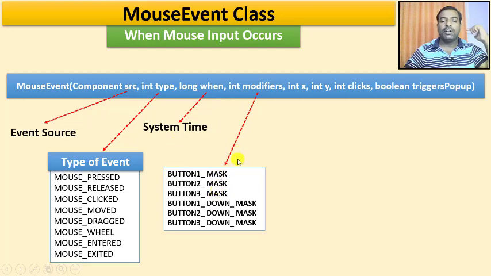And when the mouse event occurred, and whether any modifier has been used, that is, whether I am going to use the button 1 mask, button 2 mask, button 3 mask, and so on. Along with this modifier, you can even talk about the Alt, whether you have pressed the control and you are using the mouse, or if you have pressed the Alt and you are using the mouse, you can talk about those modifiers.